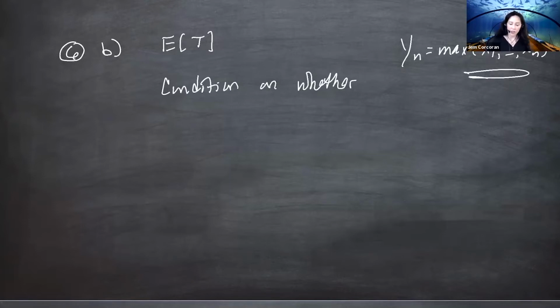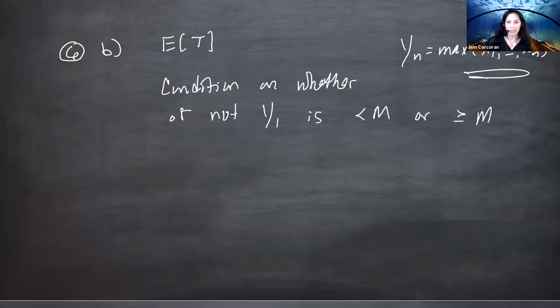So condition on whether or not the first Y, let me say Y1, which is also X1, so you can condition on X1. Condition on whether or not Y1 is less than m or greater than or equal to m. That's the first step, which will turn, oh gosh, no, it isn't a grad problem. I left off the grad problem though.